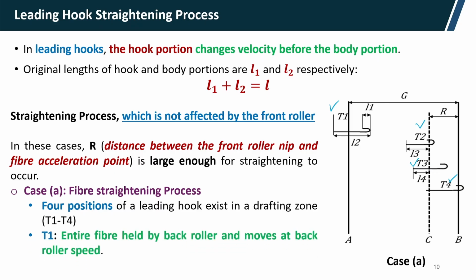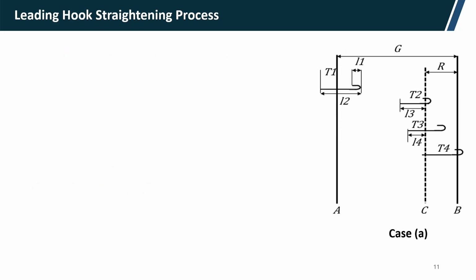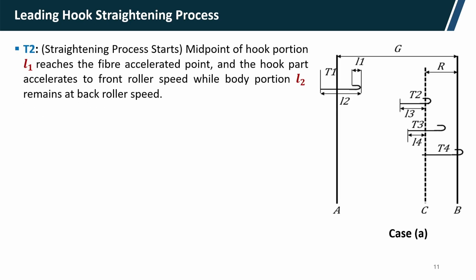So, what is T1? At T1 the entire fiber is held by the back roller and moves at the back roller speed. Now, what is T2? At T2 the straightening process starts.